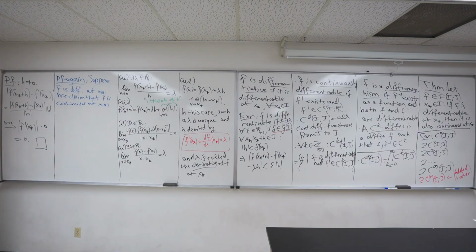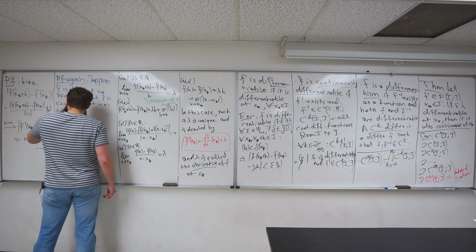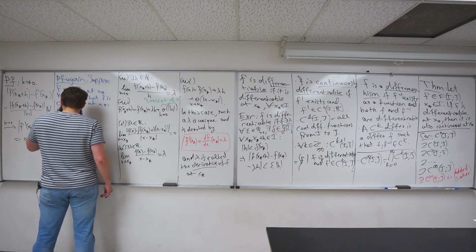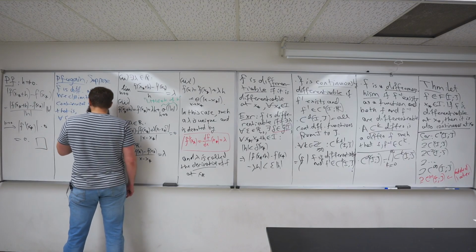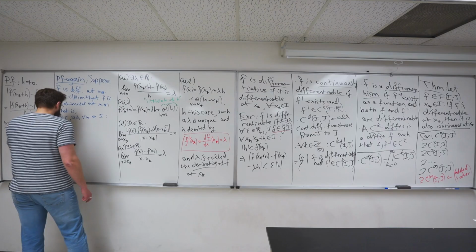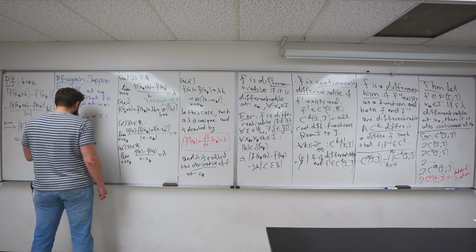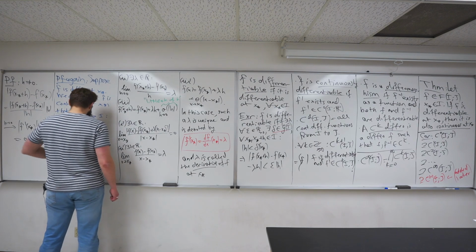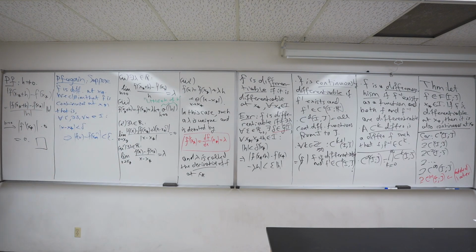That is to say, for any epsilon, there's a delta such that for any x in I, if x minus x star is bounded by delta, then f of x minus f of x star is bounded by epsilon. Okay, this is the epsilon delta definition of continuity, if you want.